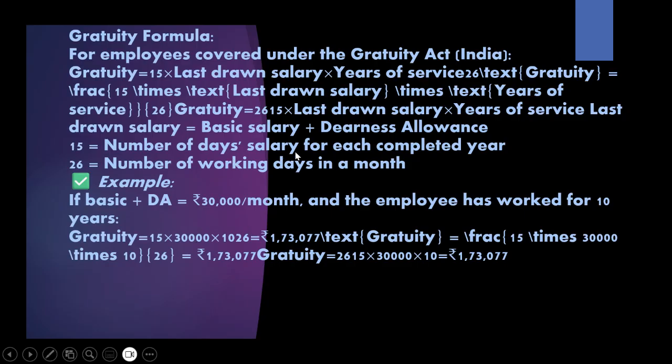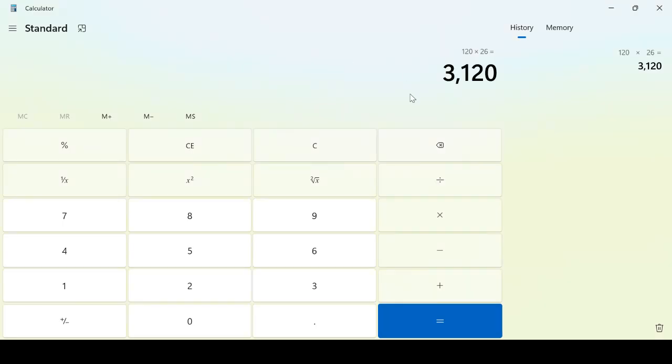Number of days, na, for each completed year. So for one year it is 15. So for 10 years it is 150. 150 into 26.